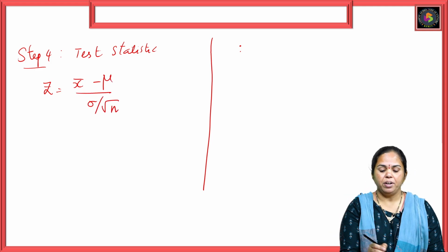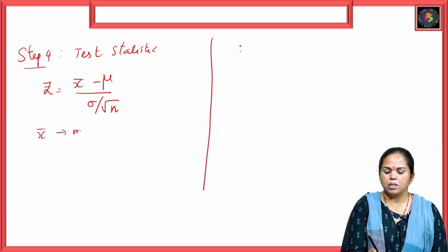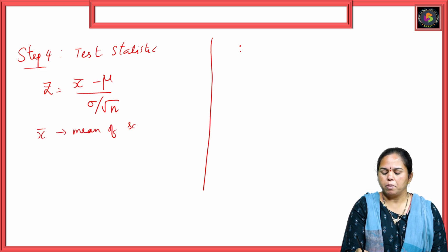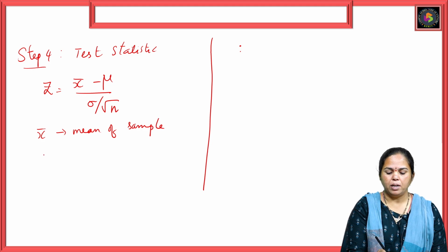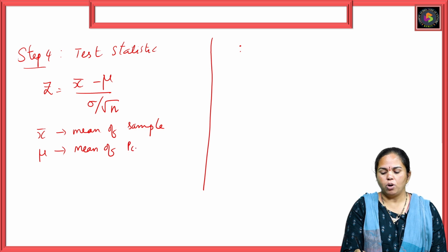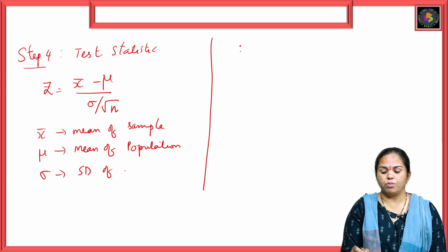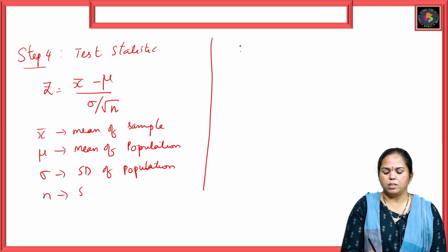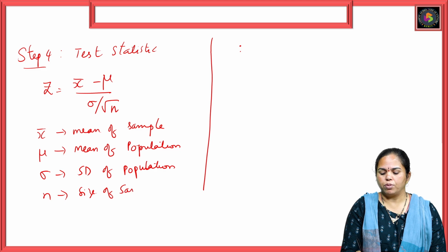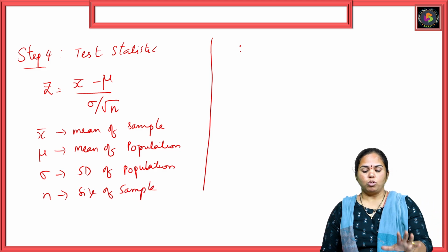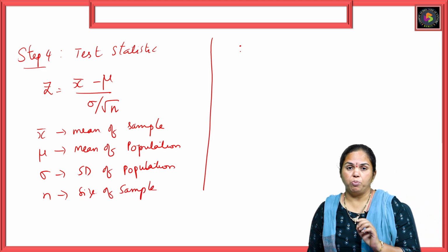This is the formula where X bar is mean of sample, mu is mean of population, sigma is standard deviation of population, and n is size of sample. So these are the things that are required in the formula.